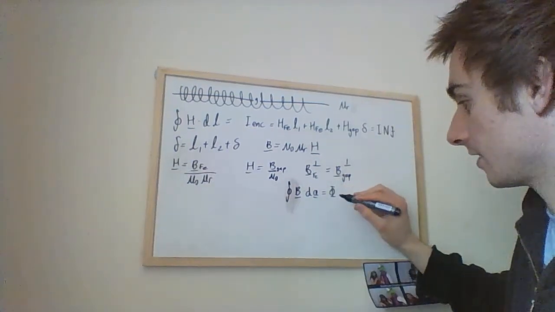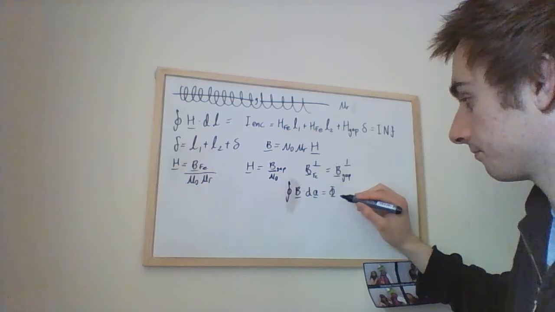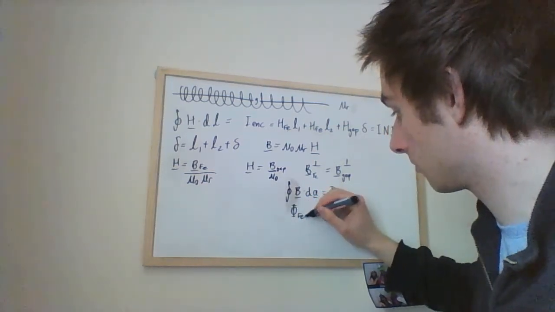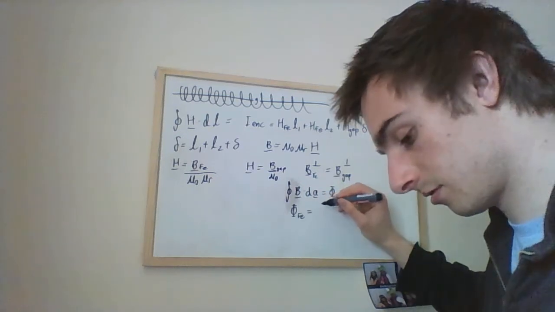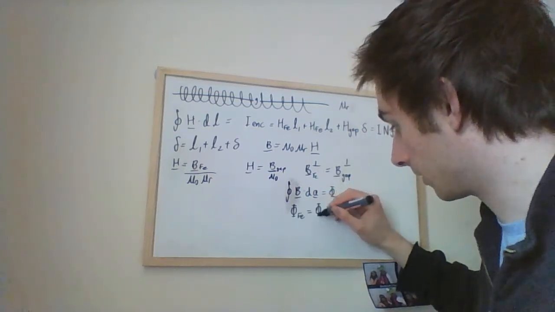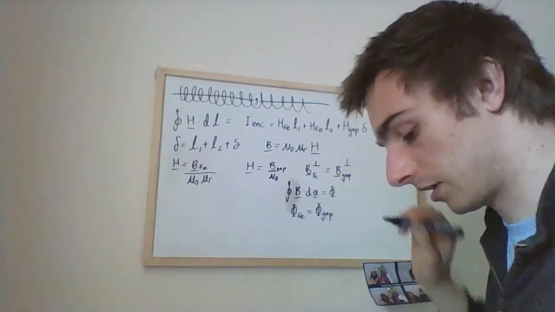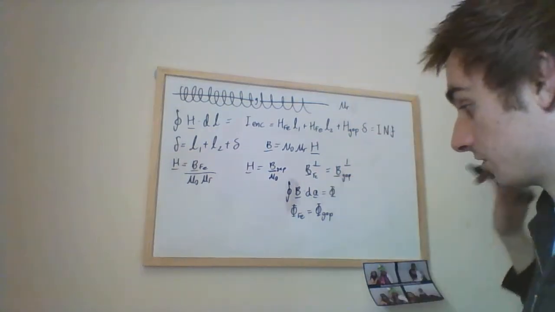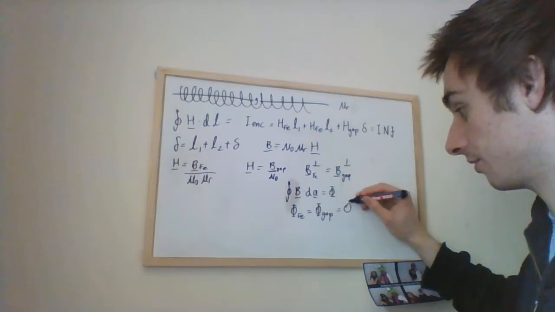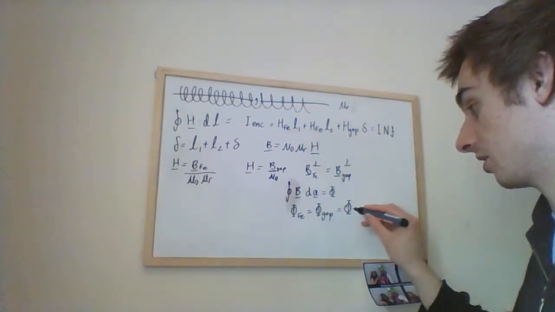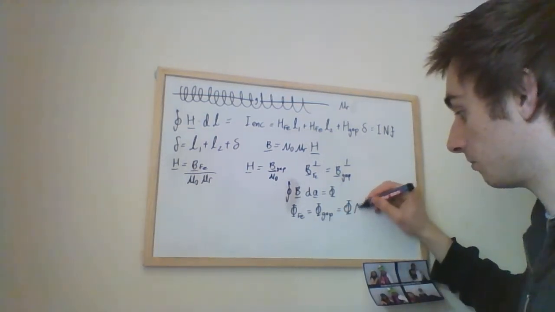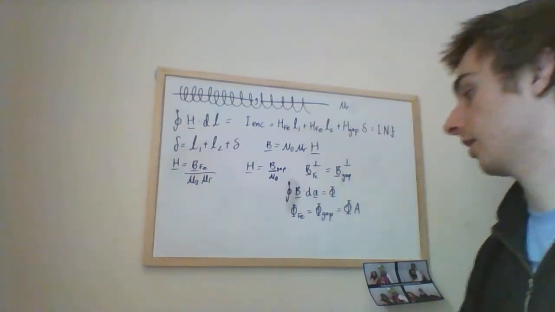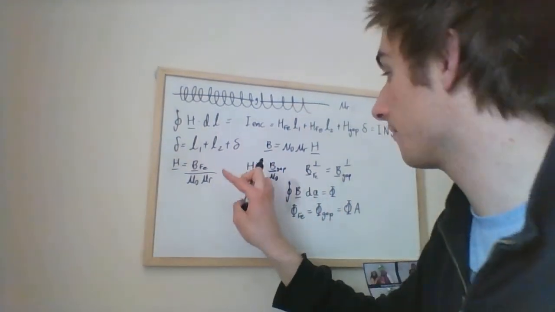We can then say that the magnetic flux in the iron is equal to the magnetic flux through the gap. And because of this expression, we'll just call this a generic term for flux now. So this is flux multiplied by area, cross-sectional area through here. Okay, and then plugging that into here.